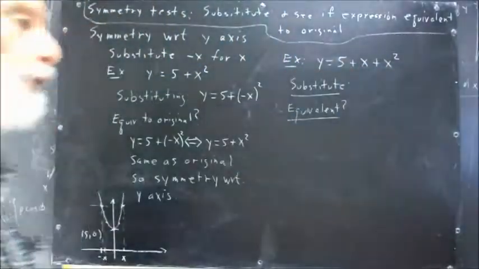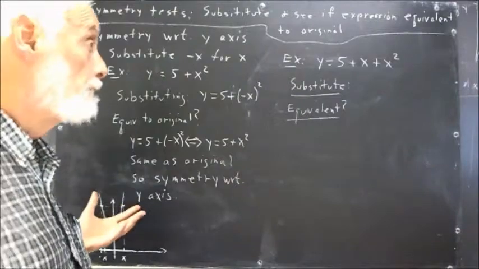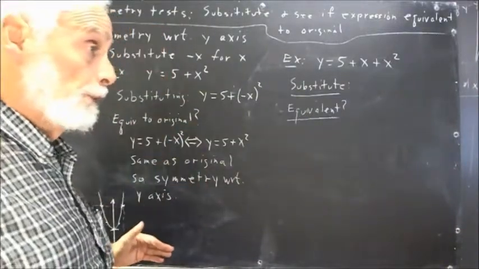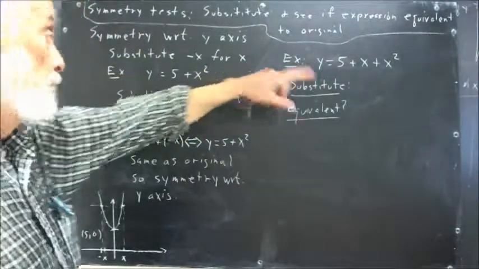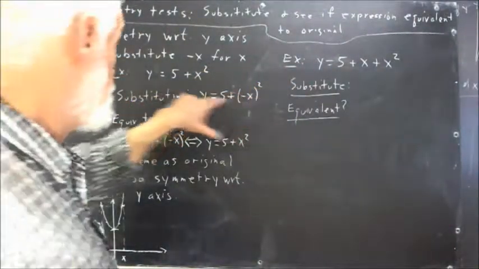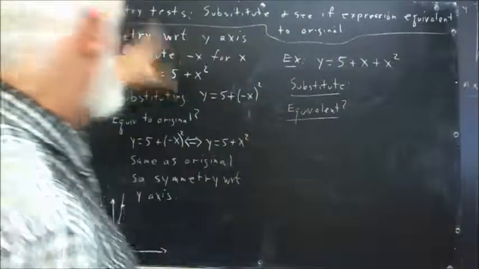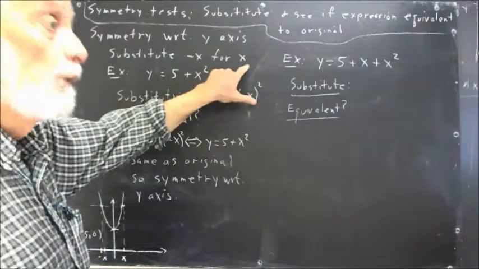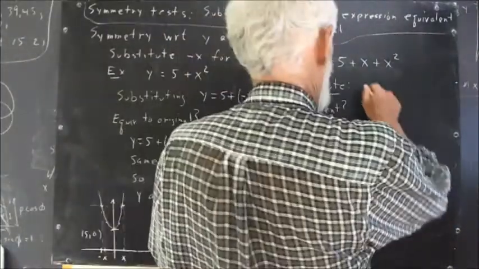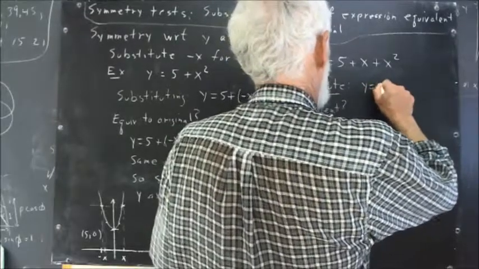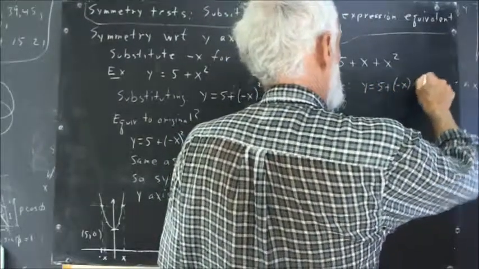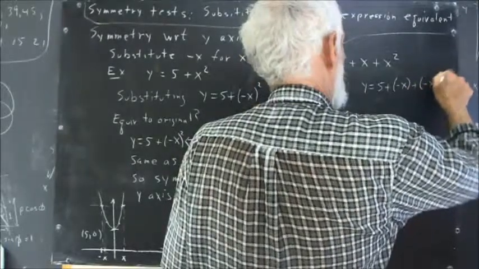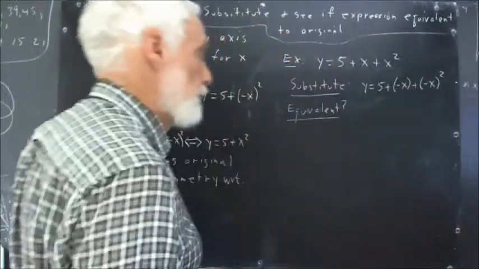You should pause right now and do this one yourself. Okay, just follow the same procedure we did here. Now, hopefully you've paused and done it so that you'll understand more completely what I'm about to do. Well, we're going to substitute. Substitute what? Negative x for x. So we get y equals 5 plus negative x plus negative x quantity squared.